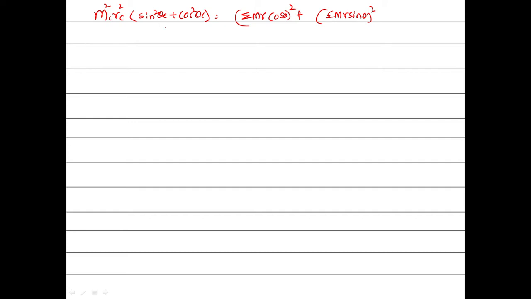Now you know sin square theta plus cos square theta equal to 1. Now you can find the product MC RC by using this relation.